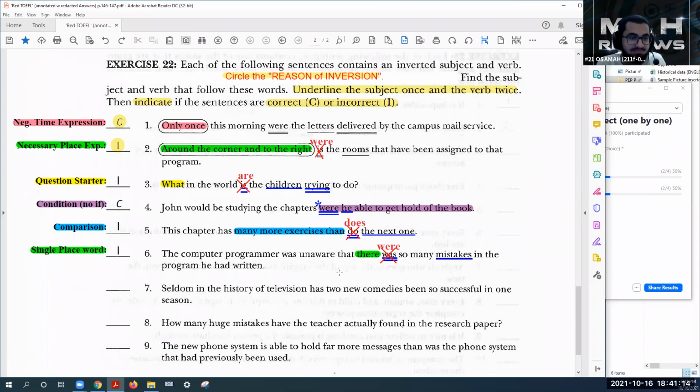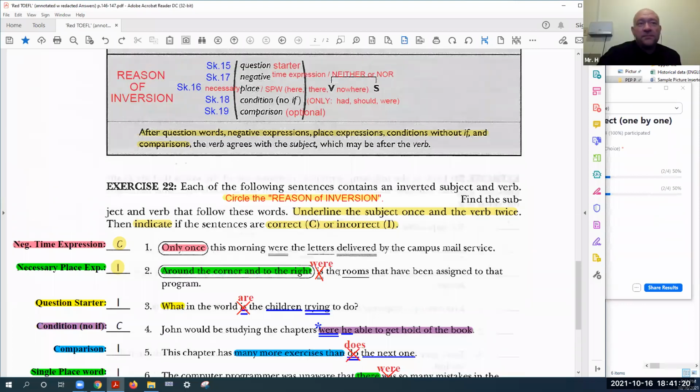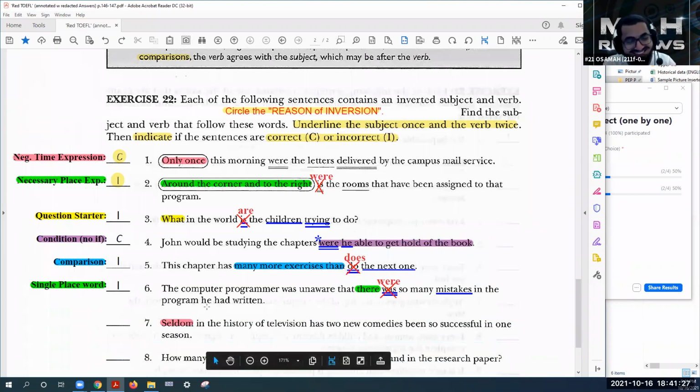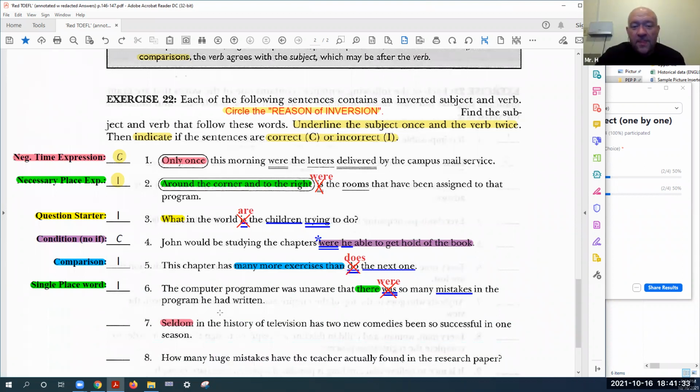Seldom. What is that? I think it's a negative expression. Negative time expression. Okay. What does it mean? Seldom. I don't know. Does anyone remember? I know it. Oh, rarely.